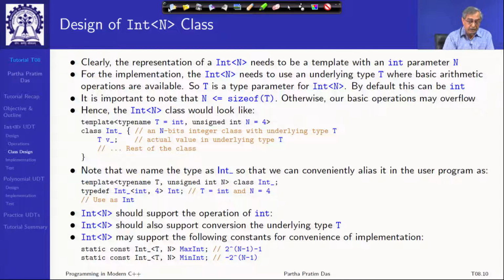So, this is basically my representation, and since it is templatized, to be able to use this, mind you I am using a name not int underscore, because actually to be able to write this I have to write something like int underscore int 4.